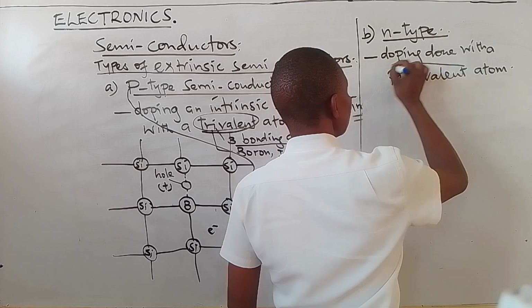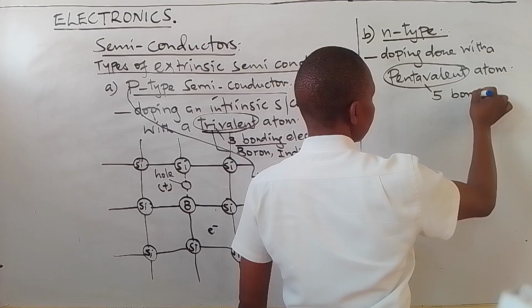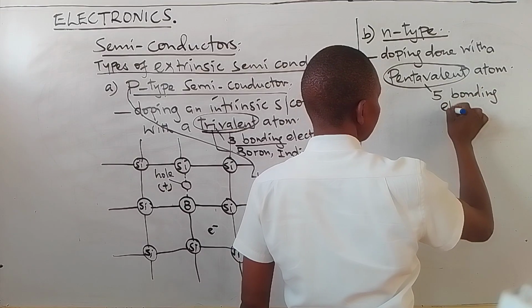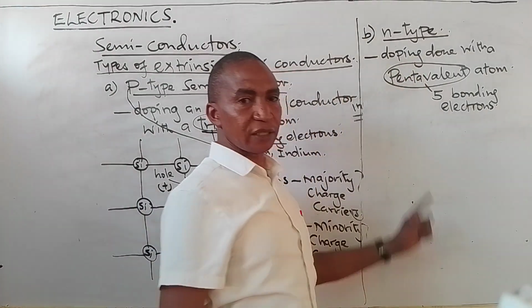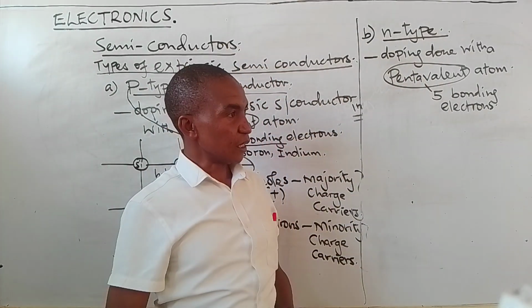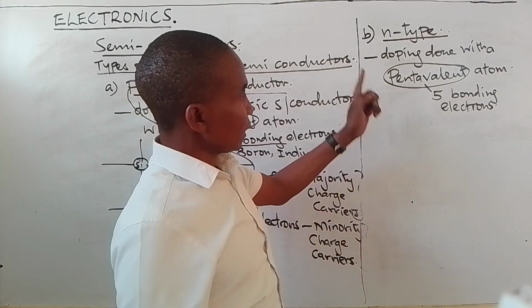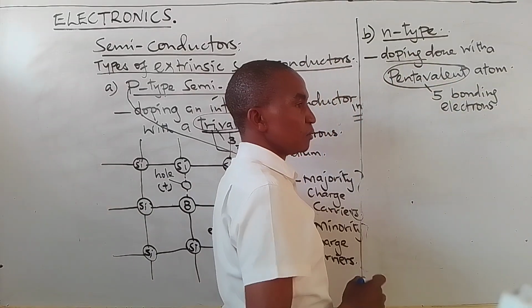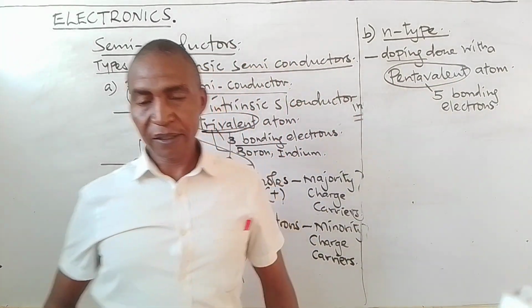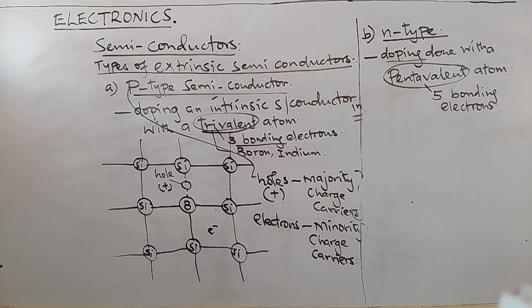Penta means 5, so a pentavalent atom has 5 bonding electrons. Now, let's see how we can obtain an N-type extrinsic semiconductor by doping with a pentavalent atom.